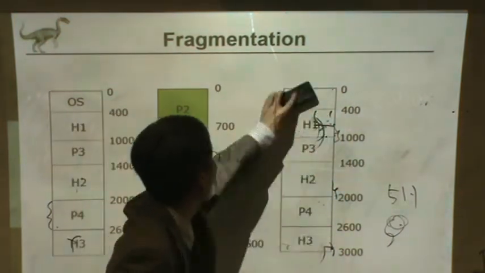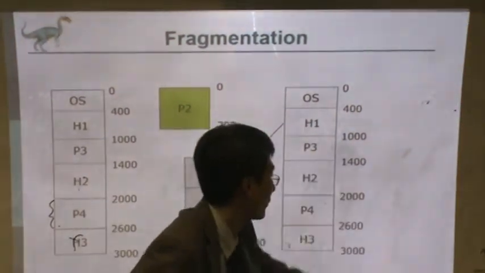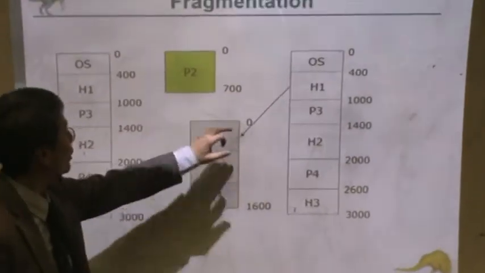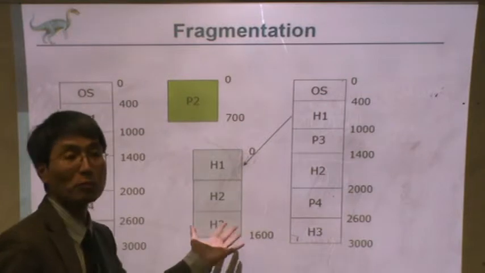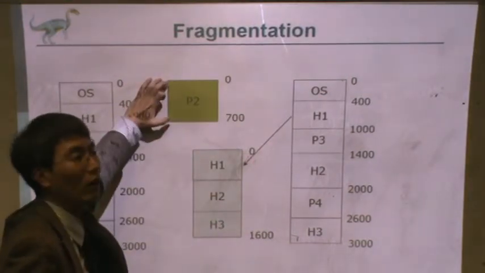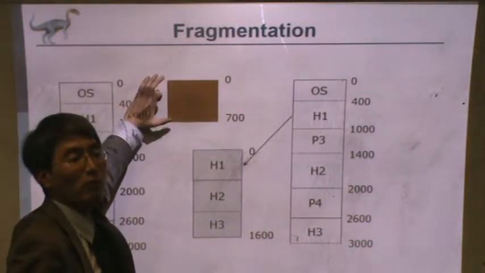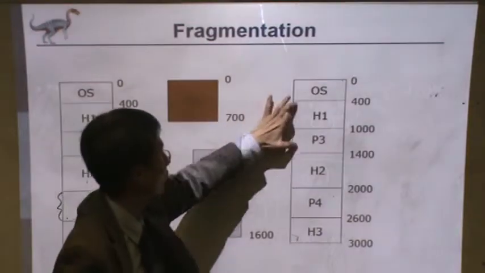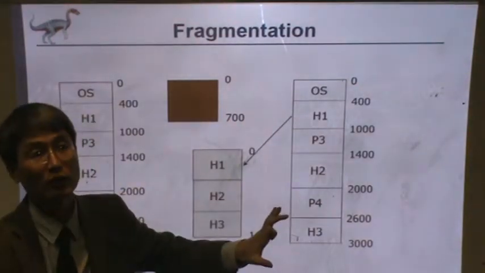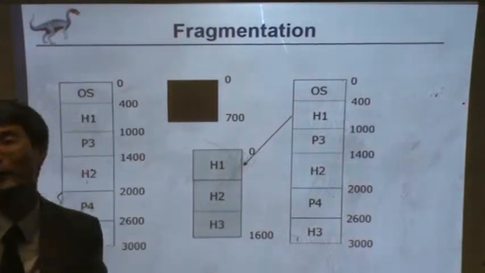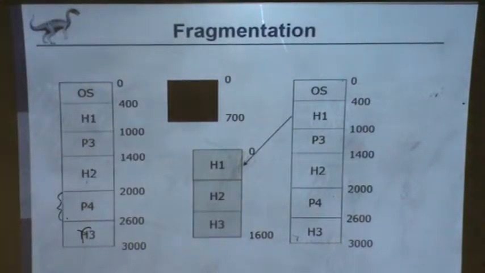Even though we have a total of 1,600 bytes of free space in memory, what if we have a 700 byte size process? It cannot fit any of these. Okay? In contiguous allocation. However, this kind of fragmentation will also be an issue in the non-contiguous approach later. So we will see such a problem.